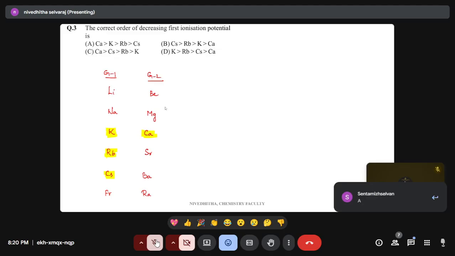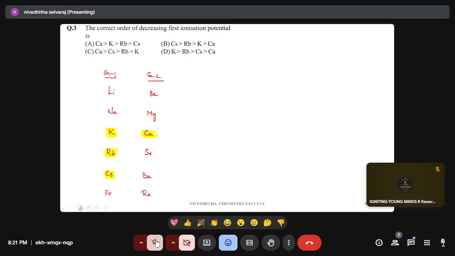Now the children's answer is option A. We'll check now. Bhumika? Ma'am, option A. Okay, option A. We'll check now. See, as we move from left to right in a periodic table, ionization energy increases. So, which is the rightmost element? Calcium.